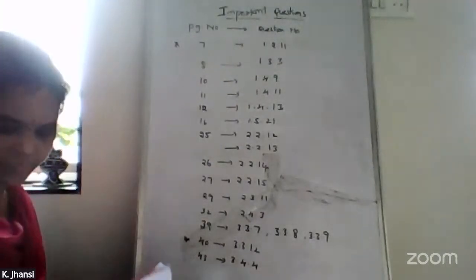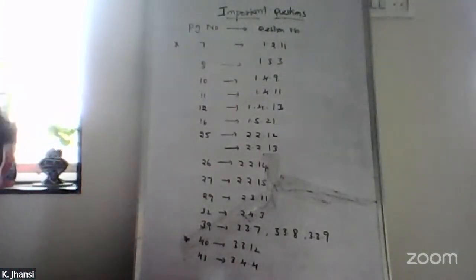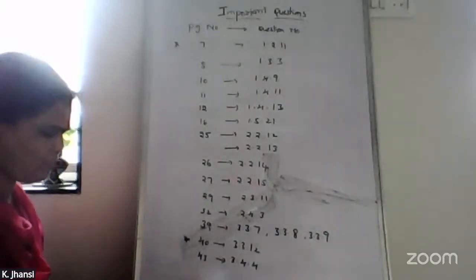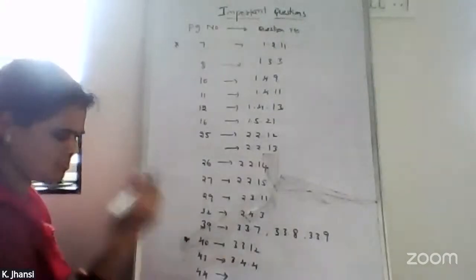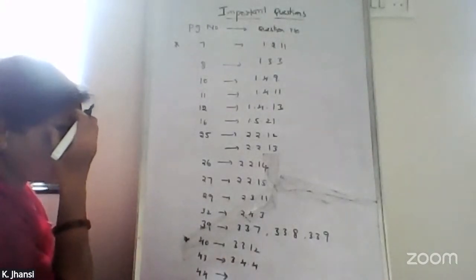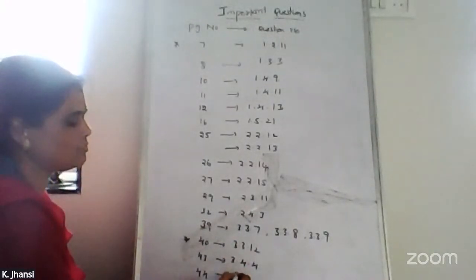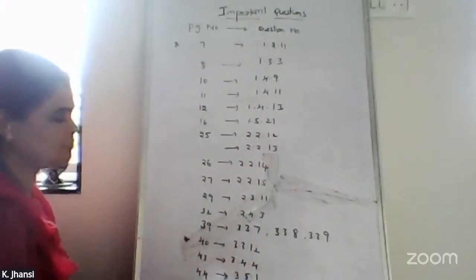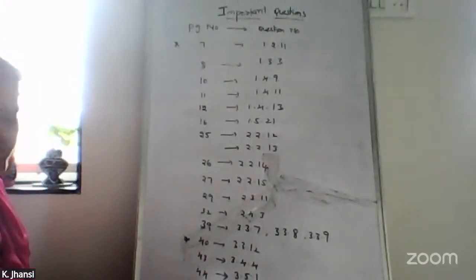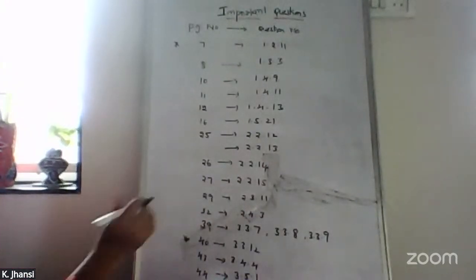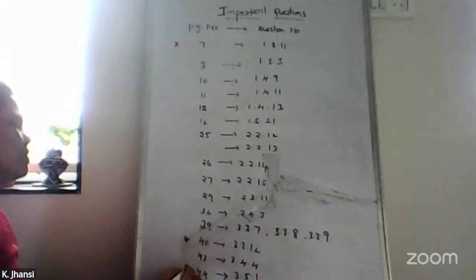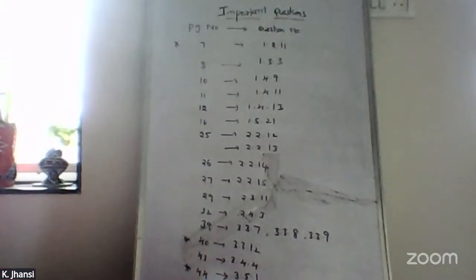Page number 44, 3.5.1. 3.5.1, this is also important. That is Cauchy's first theorem we have.